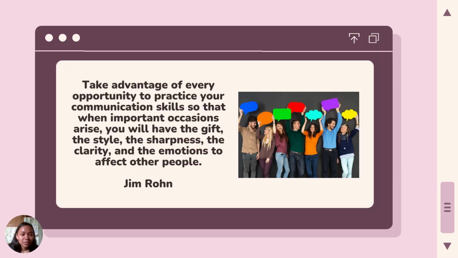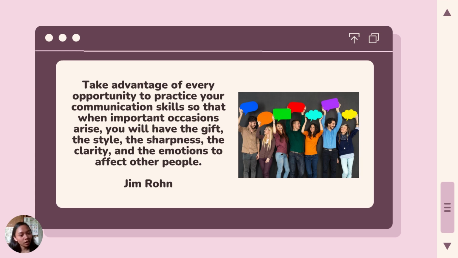So before I end this, I'm sharing this quote with you. Take advantage of every opportunity to practice your communication skills so that when important occasions arise, you will have the gift, the style, the sharpness, the clarity, and the emotions to affect other people, by Jim Rohn.